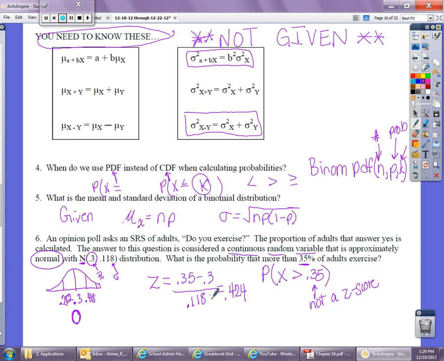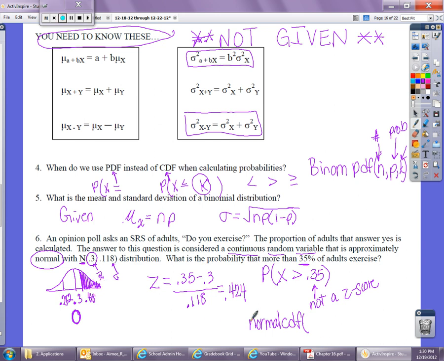Okay? So now that you have your z-score, you can put it in your calculator. So you're going to do normal CDF. This is a normal model. Notice I didn't use binom. I used normal CDF. Remember, I'm looking for 35% and above. So 35% is going to be about here, and I want everything above.